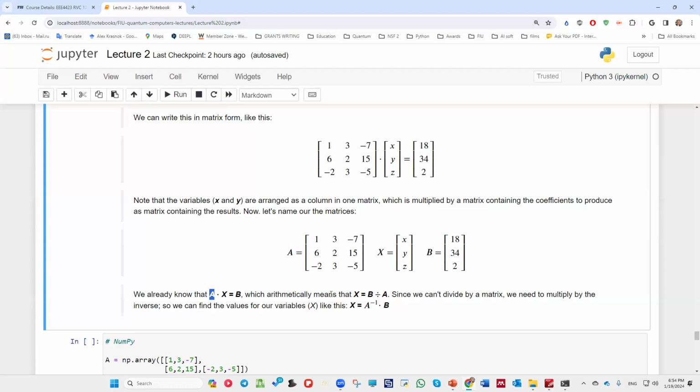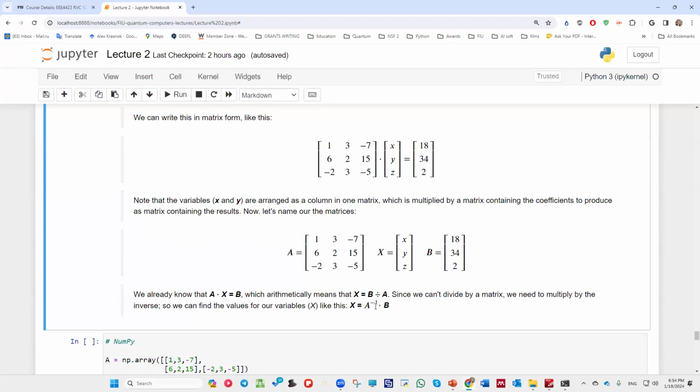And this gives me the solution for X, which would be B divided by A. However, since A, B, and X are vectors and matrices, I cannot divide. We cannot divide by matrices.